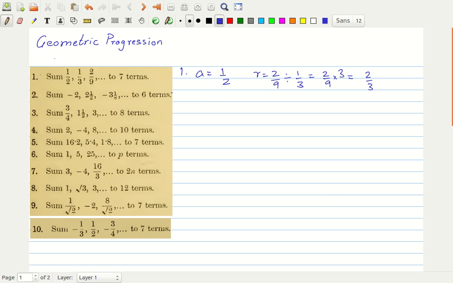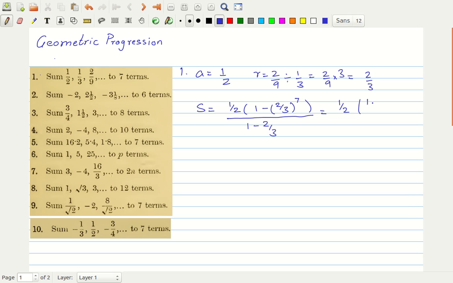So, now let us find the sum. Sum is going to be A, which is half, times 1 minus R, which is 2 by 3. Now, 2 by 3 has to be raised to the power 7 because we have to find 7 terms, divided by 1 minus R, 1 minus 2 by 3. You can use a calculator at this stage to find the sum, but let me do this one by hand.